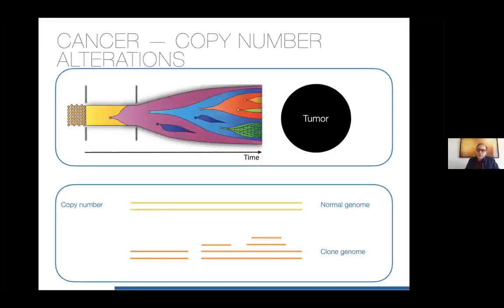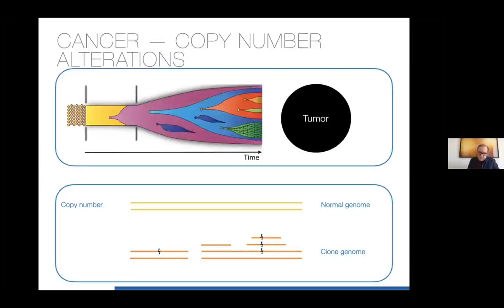But then there are also copy number alterations. Again, normal genome, but a cancer genome can have a different number of copies at any position of the genome. So you can have 2, like the healthy, or 0, 3, 4, etc. And these can of course be mixed also, so a genome can carry both copy number alterations and point mutations.